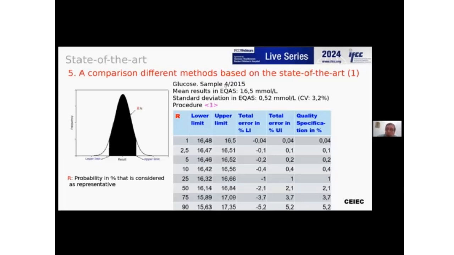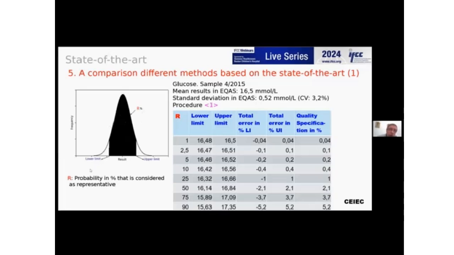And we can say, well, let's choose a representative of the state of the art, the result that represents 1% of the most focused. And here we have that we had a value, for example, if we only get 1% of the results, a value of 0.04% in percentage, or we could choose 10, that is, we consider representative 10% and choose.